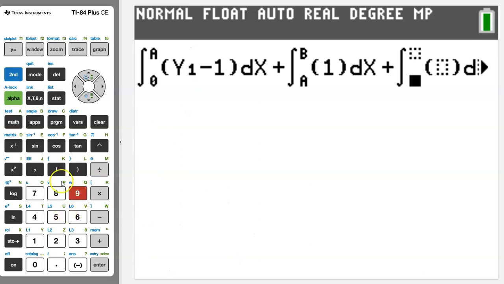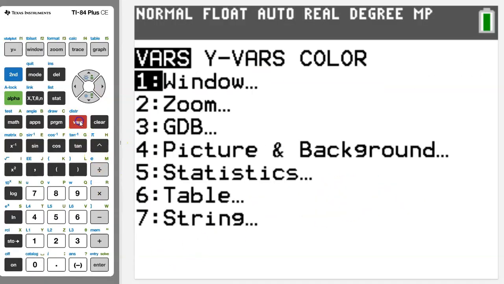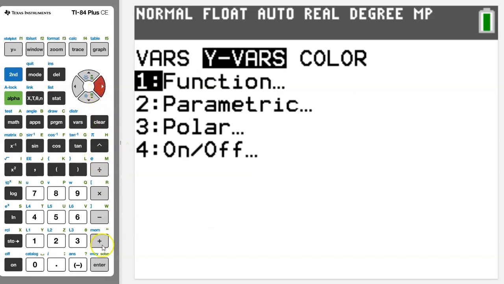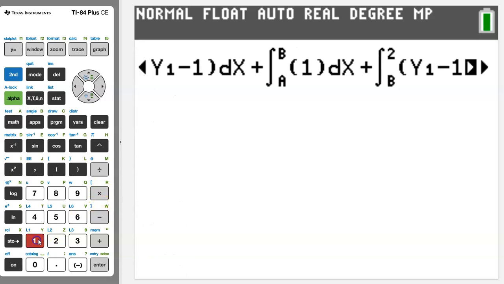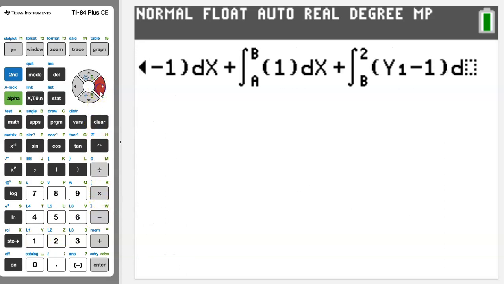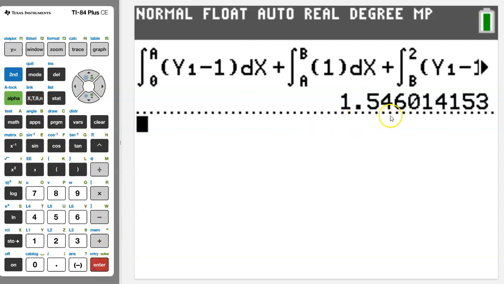And this one is from b to 2. And this will be y1 minus 1 again. So vars, yvars, enter, y1 minus 1. And there you go.